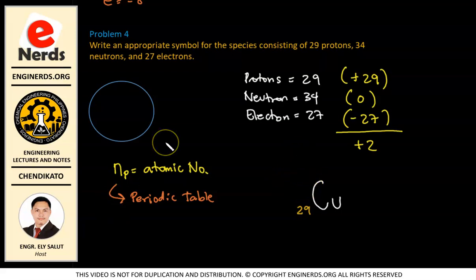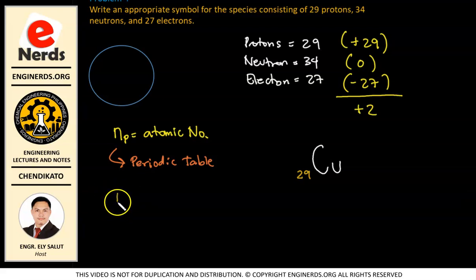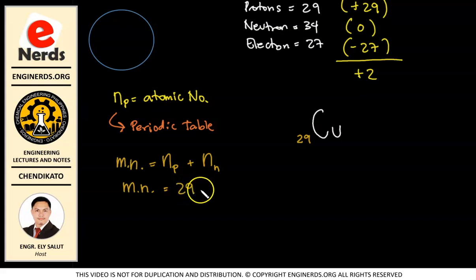The mass number is equal to the number of protons plus the number of neutrons: 29 plus 34, which is equal to 63. So this will be 63 on the top left.